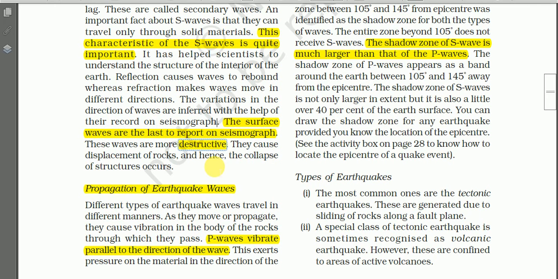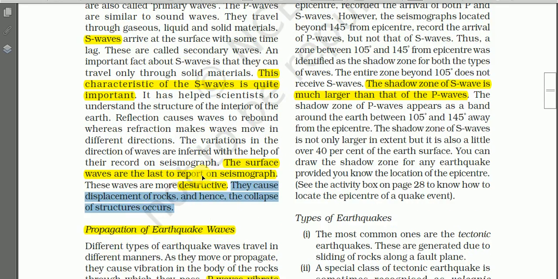Actually, this is the wave which causes the shaking and trembling of the Earth's surface. This is the most destructive wave, and it causes displacement of the rocks, collapse of structures, meaning collapse of buildings, and landslides. So many destructions may occur due to this shaking of the Earth caused by the surface wave. So these are the three types of waves.